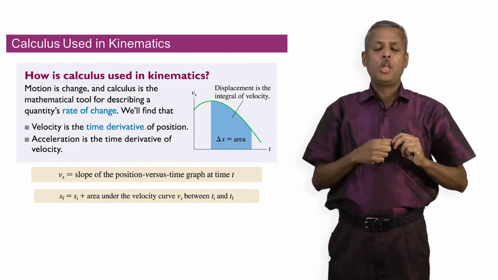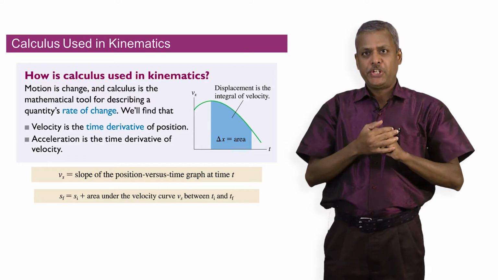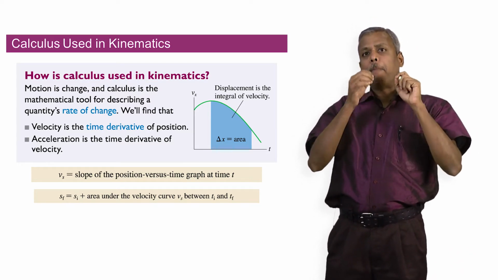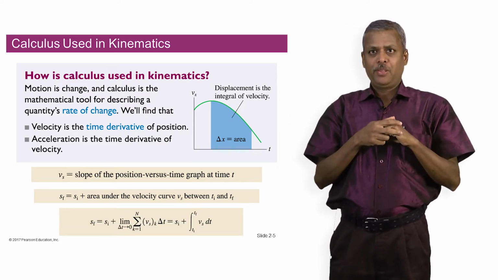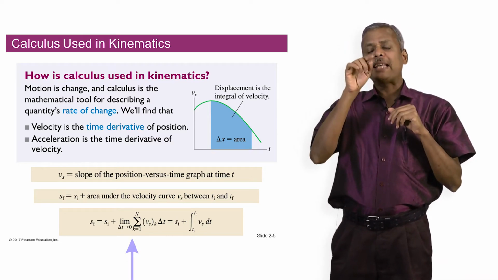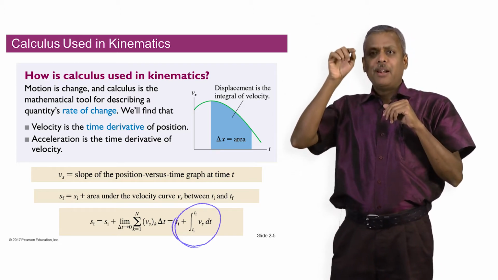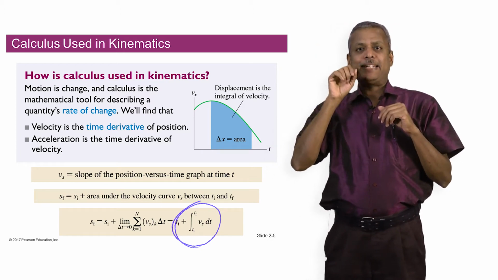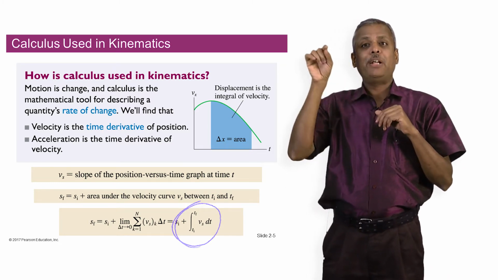Or sometimes you are looking at the instantaneous position, instantaneous velocity, then my derivative can be changed to integration. So as delta t turns to 0, my equation will be Sf is equal to Si plus the integral from t initial to t final of Vs, that is the velocity, times dt.